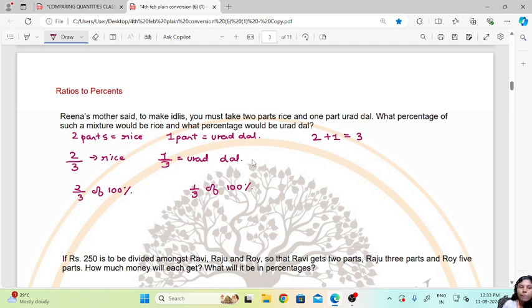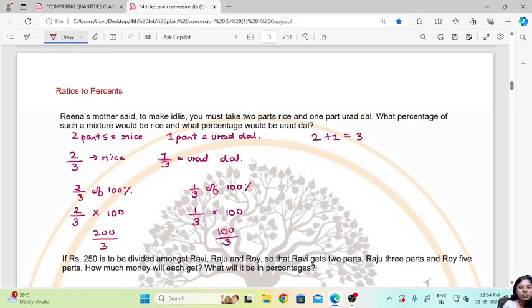Correct? So 2 upon 3 of, even though it indicates multiplication, into 100. Correct? And 1 upon 3 into 100. So here we will get 200 upon 3, and here we will get 100 upon 3. Sorry, this is 3 here.